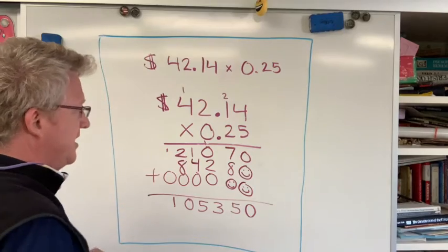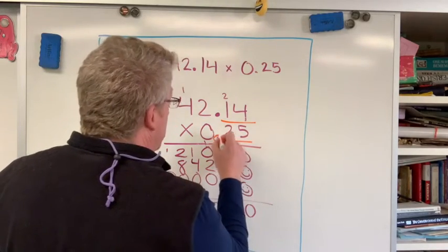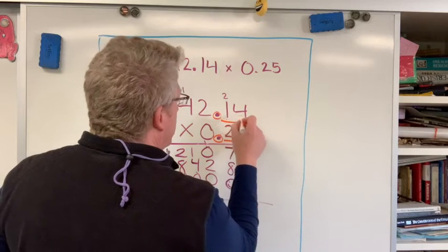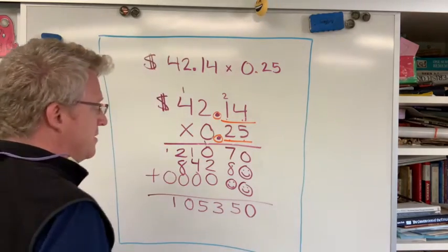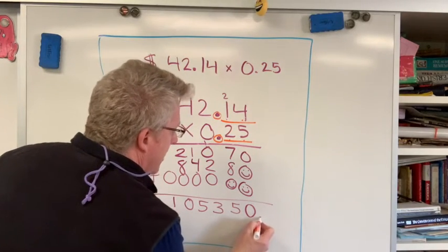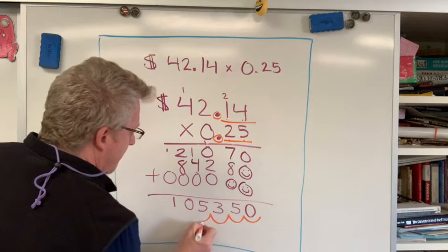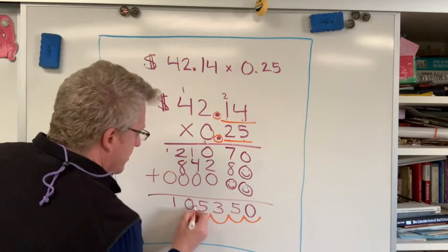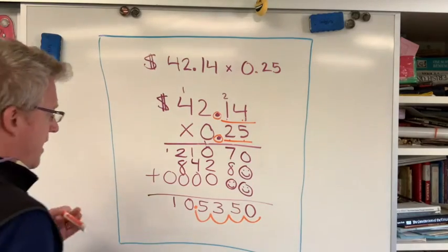But how many digits are there to the right of the decimal points? Well, now I have 2 decimal points to look at. I've got 1, 2, 3, 4 digits that are on the right side of my decimals. I start here and go 1, 2, 3, 4 spots in. And that is where my decimal point goes. Right there.